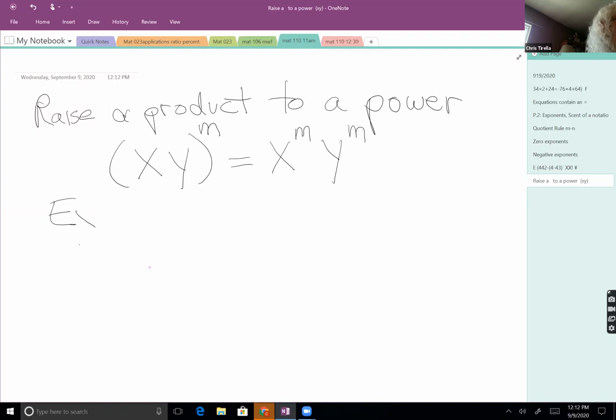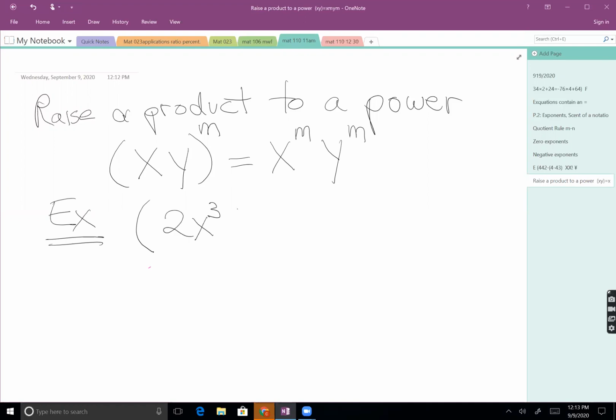So if I look at a first example, let's take 2x to the third and square it. Again, what's being squared? The 2, the x to the third, or both of them? Both of them. Middle step, I'm going to write out.